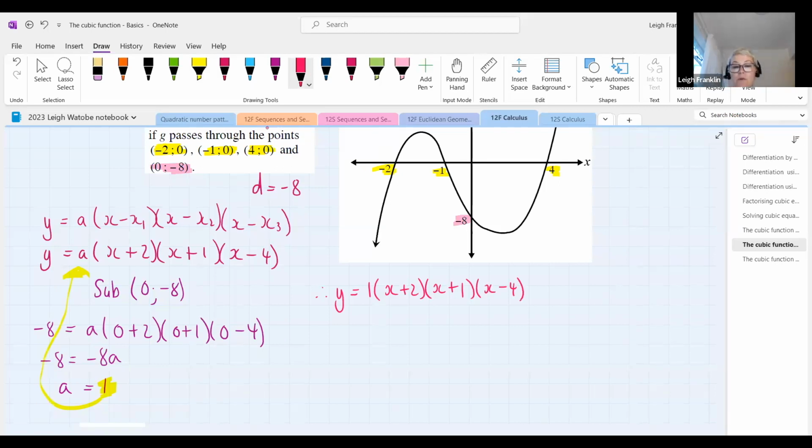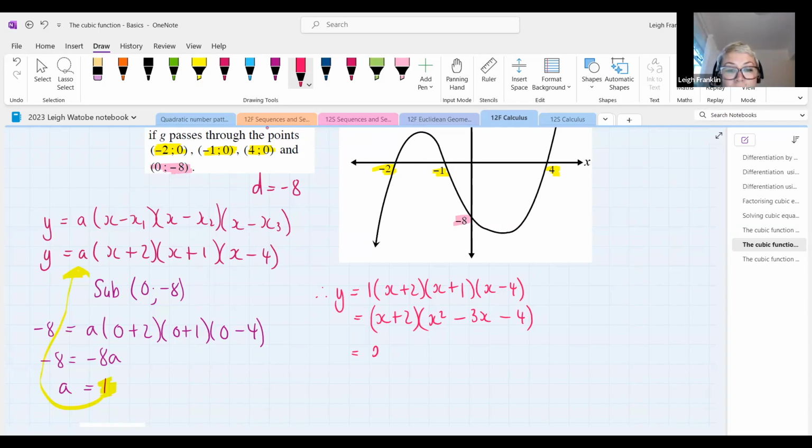And now you have to multiply everything out. What you would do is leave the first bracket as it is, x plus 2, and FOIL the second brackets. That's going to give us x squared minus 3x minus 4. And now in our last step, we have to multiply every term in the second bracket by x and every term in the second bracket by plus 2.